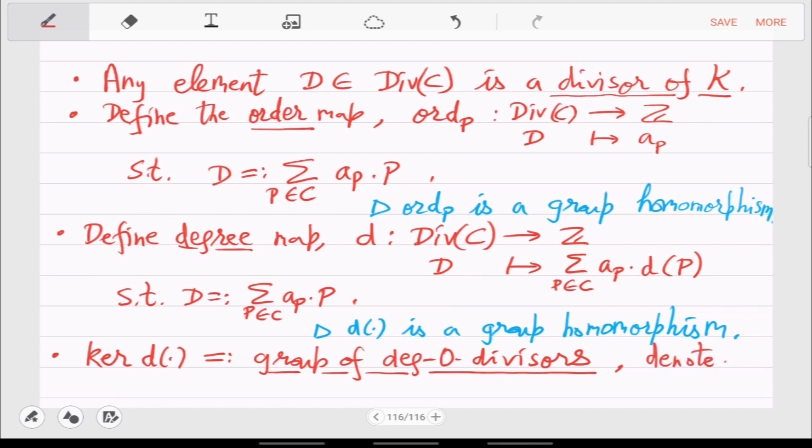It's denoted by div 0 C. Okay, almost all the time we will be actually working with this div 0. Yeah, there are other small things we have to define. Let's do that on Friday. Any questions?